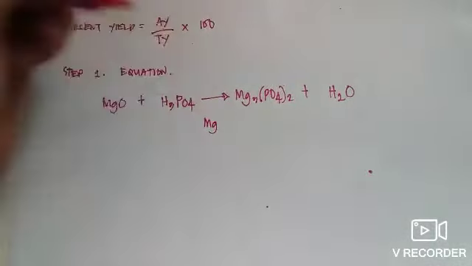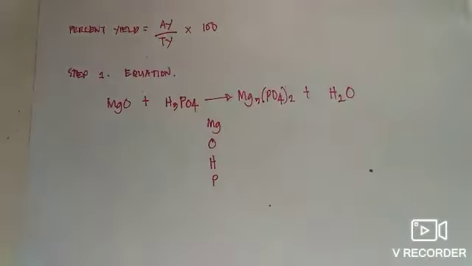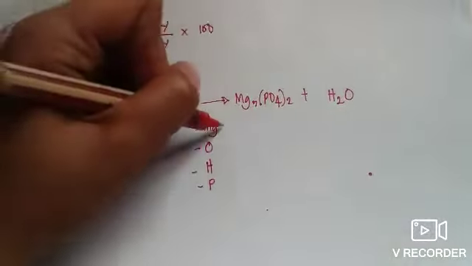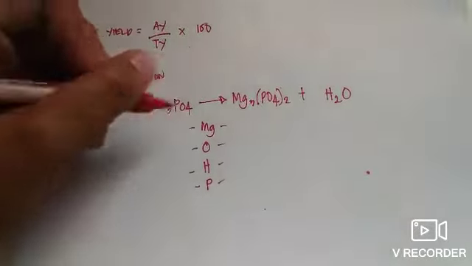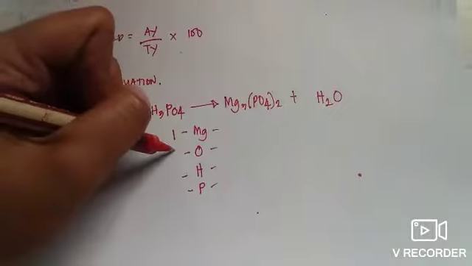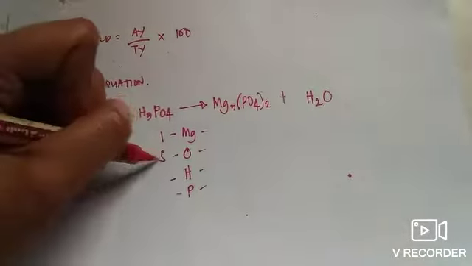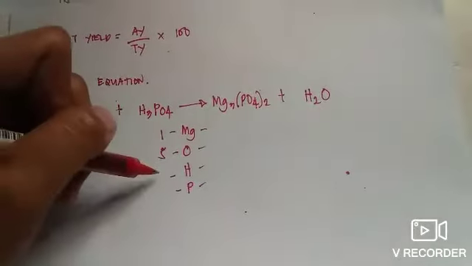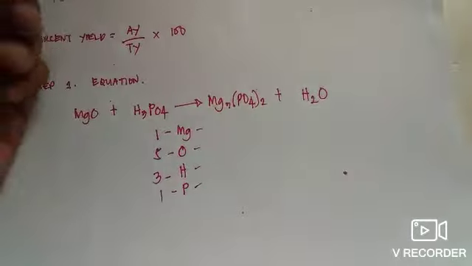So we have magnesium, oxygen, hydrogen, and phosphorus. On this side we have 1 magnesium and 5 oxygen. Our hydrogen is 3, and our phosphorus is 1.